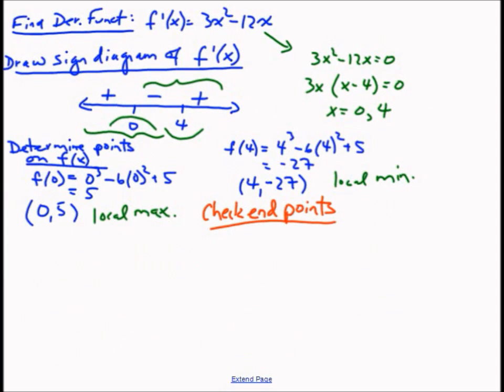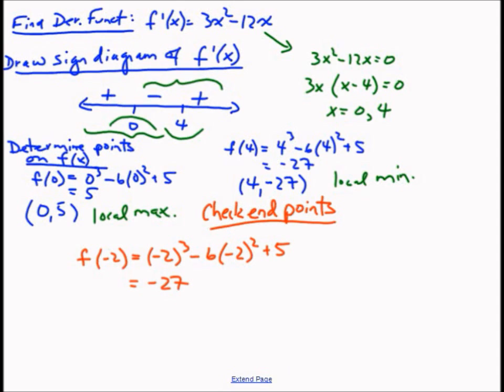One endpoint was -2, so f of -2 equals -2 cubed, subtract 6 times 2 squared plus 5, and that works out to be -27.